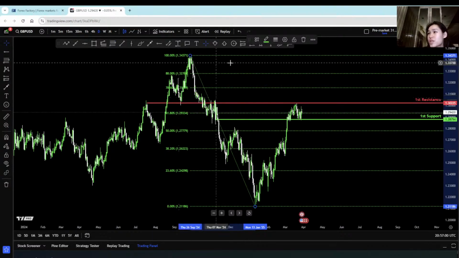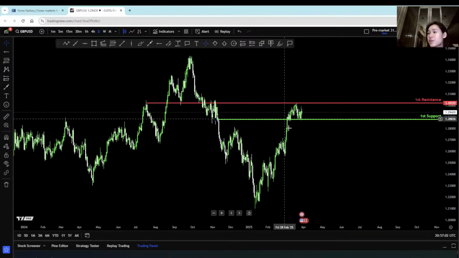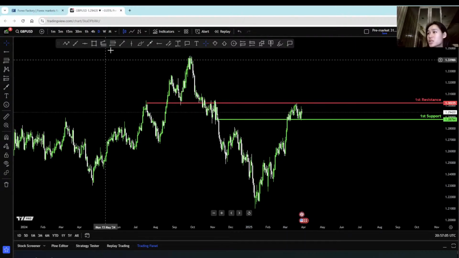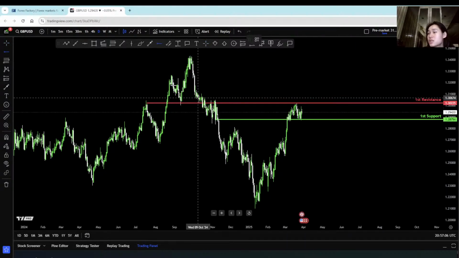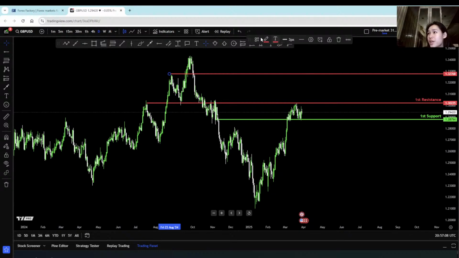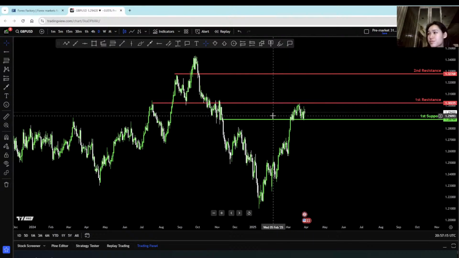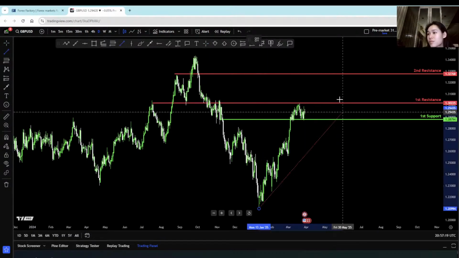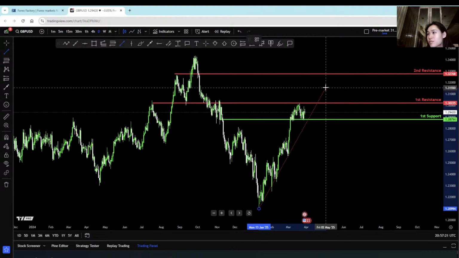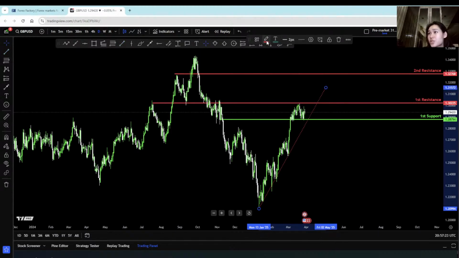No levels lining up here, so I'll remove that. I'll put a first or second resistance up here. Okay, this is ascending trend line as well.